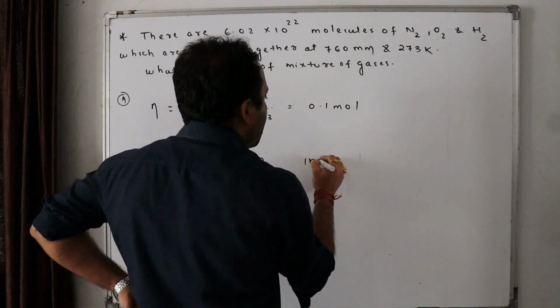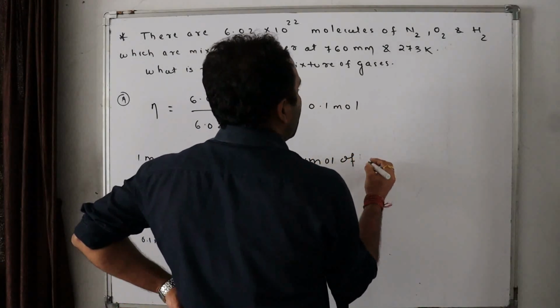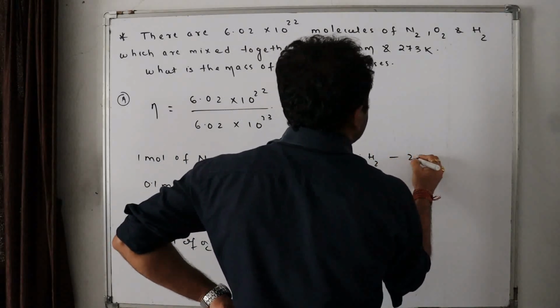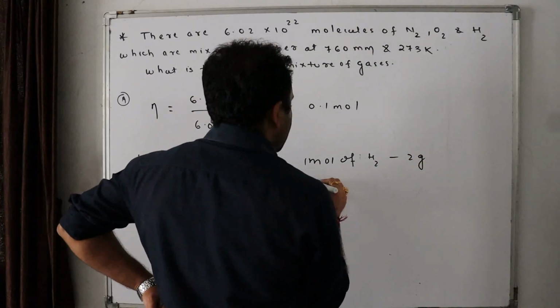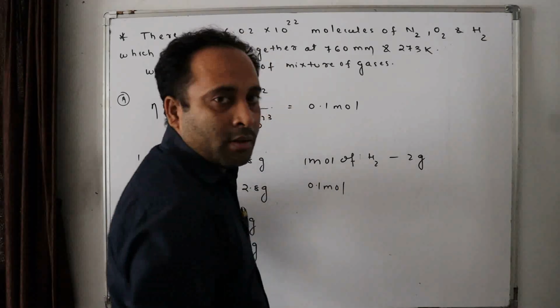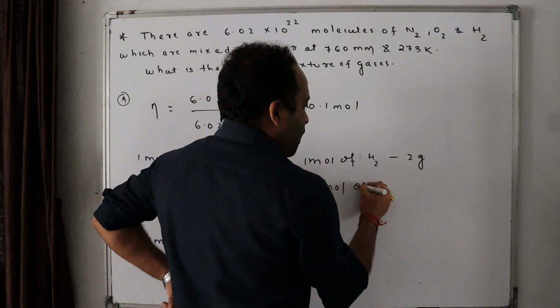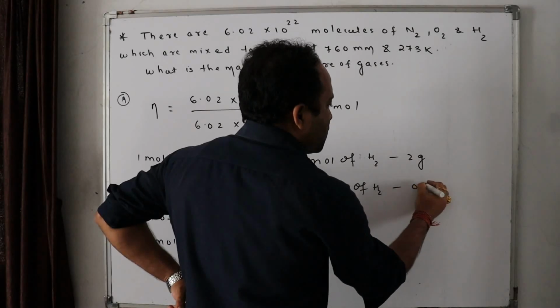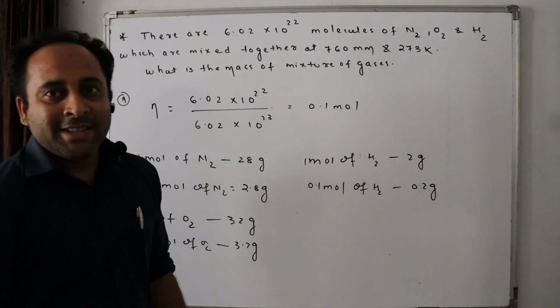Now 1 mole of hydrogen is 2 grams. 0.1 mole of hydrogen is 0.2 grams, isn't it?